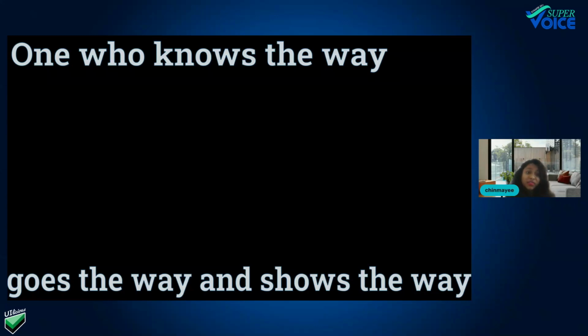He had to be tough and take tough decisions. But in due course of time, that was taken well by the team and the team performed really well. For me, Sam is a person from whom I can learn that one who knows the way, goes the way, and definitely shows the way. With this, let's go to the recap.